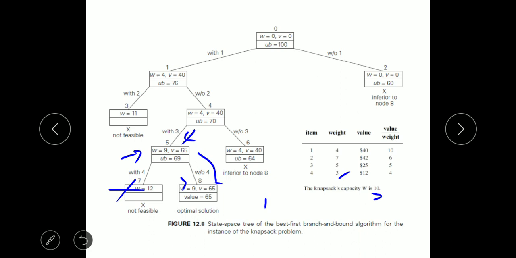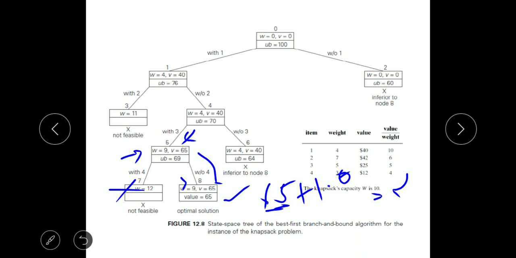Value is 65 plus the left out capacity of the knapsack, which is 1, into the payoff of the next element. We don't have a next element here, so the weight to value ratio of the next element, we consider it as 0. So now the upper bound equation becomes 65 plus 1 into 0. So therefore upper bound tends to be equal to 65, right?